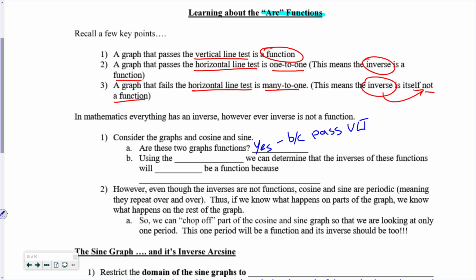To do that, we will use the horizontal line test, again I'm abbreviating, to determine that these functions' inverses are actually not going to be functions. That is because they are many-to-one, or because they repeat themselves. There are multiple times that the same y value happens.